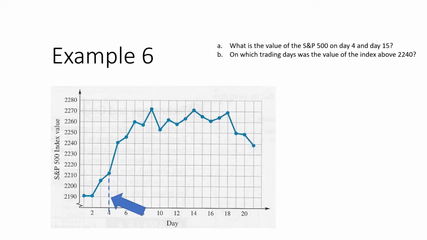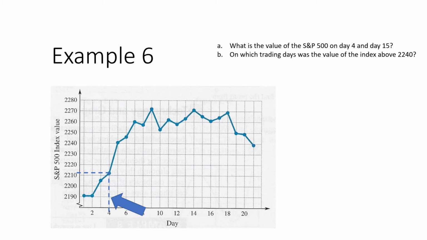To answer the first question, find 4 on the day axis and draw a line up to the graph. Then draw a line from the graph back to the vertical S&P index axis. The line intersects the axis a little above 2,210, so I estimate the value to be 2,212.